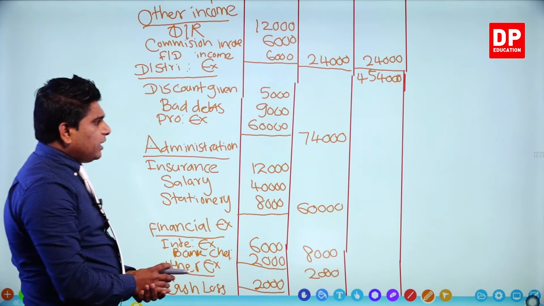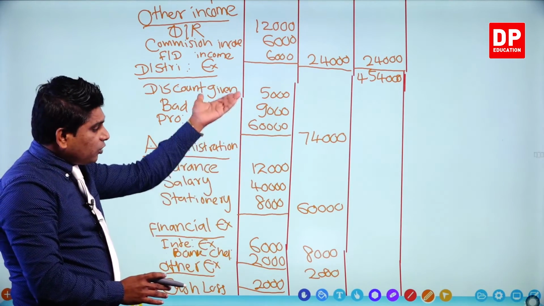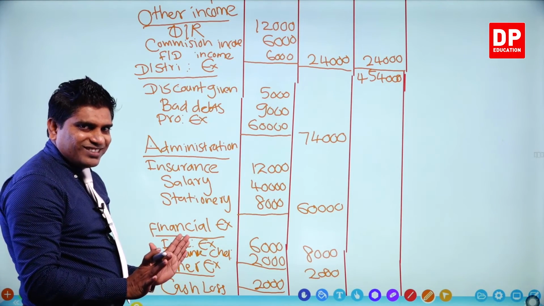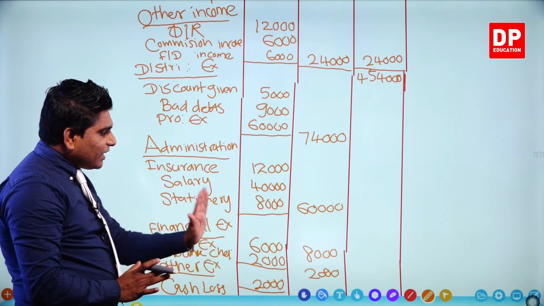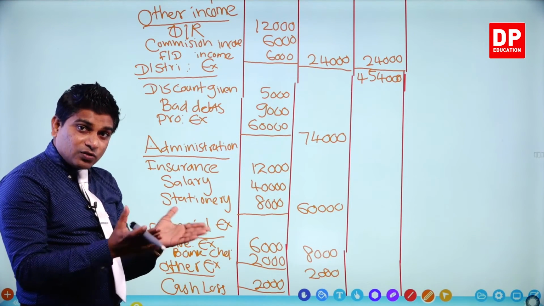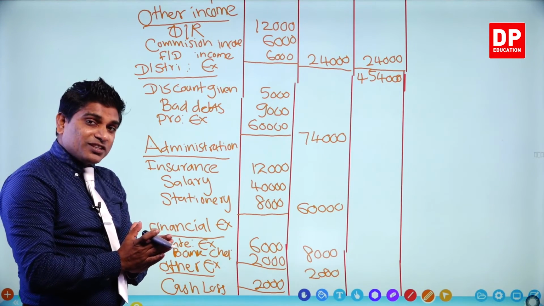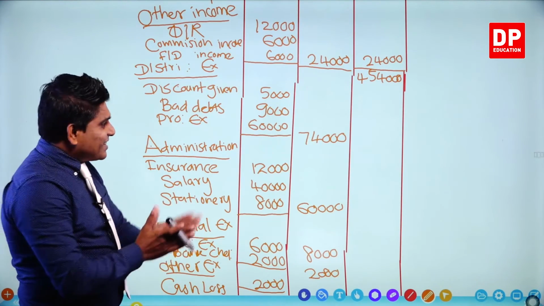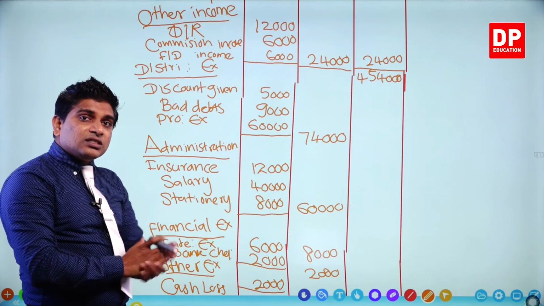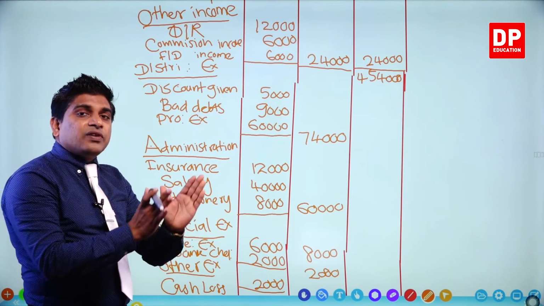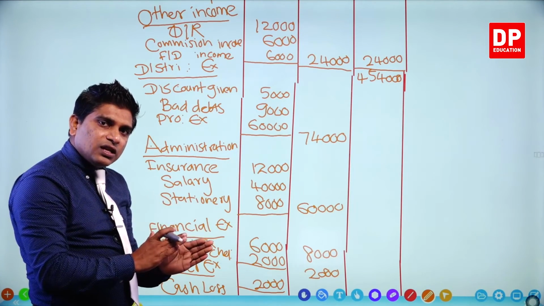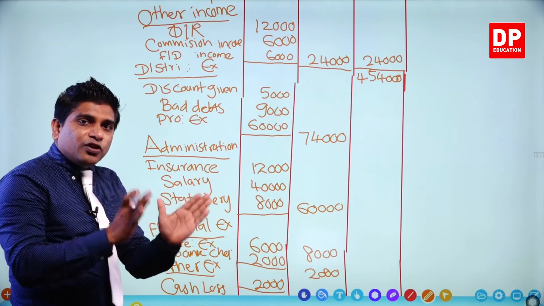Now you have to get the total of these. These are the total expenses. 8 plus 2, 10,000. 10,000 plus 60,000, that is 70,000. 70,000 plus 74,000: 70,000 plus 70,000 is 140,000, plus 4,000, 144,000.